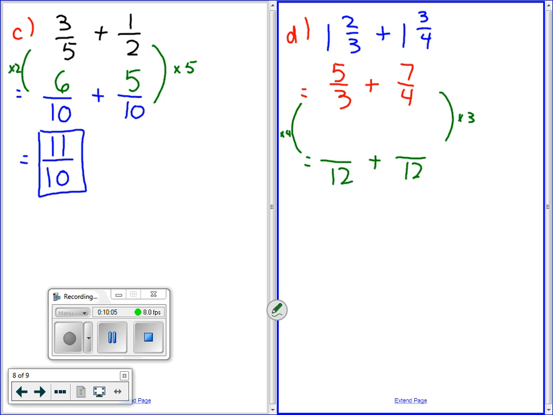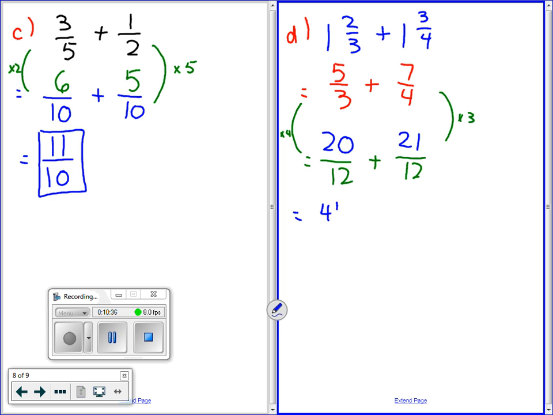Liam, 5 times 4 is? 20, good. Trent, 7 times 3 is? Very good. And to finish us off here, Kevin, 20 over 12 plus 21 over 12 is?